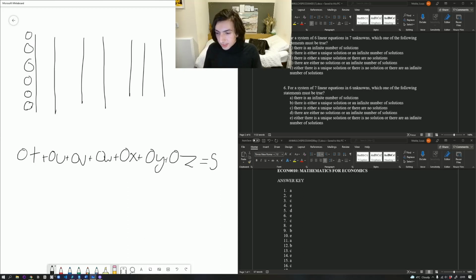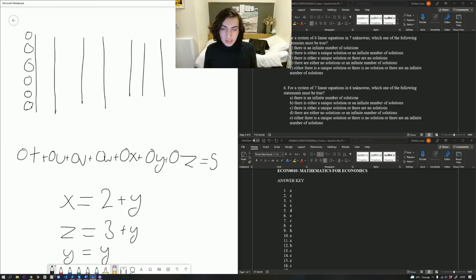Okay, so for example, if you're left over with like x is some variable of y, so x is 2y, and z is 3 plus y, and then y is equal to y, and this is what you're left over with, then essentially you have infinite solutions depending on the value of y. Okay, this just works with the cancellation steps. Doing one of these in cancellation is a bit tricky, but essentially that's the logic you need.